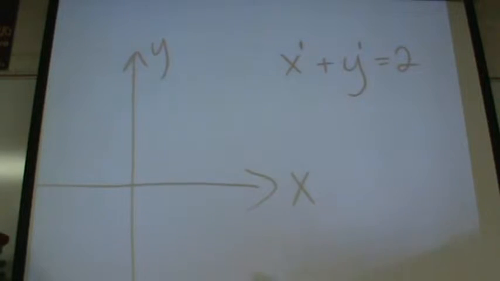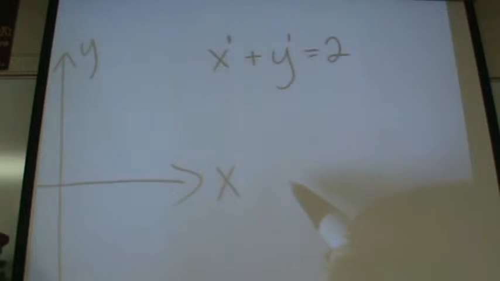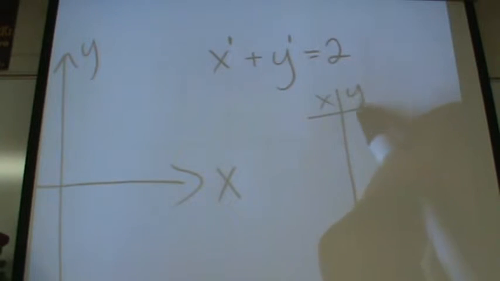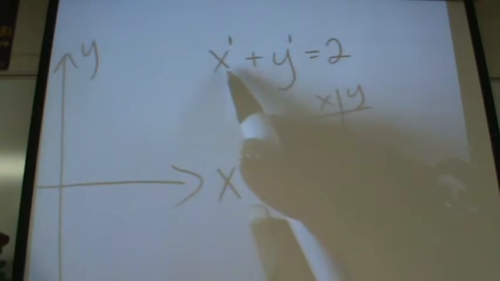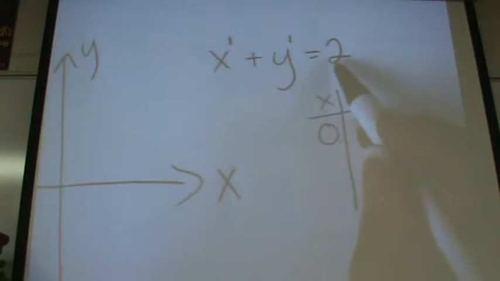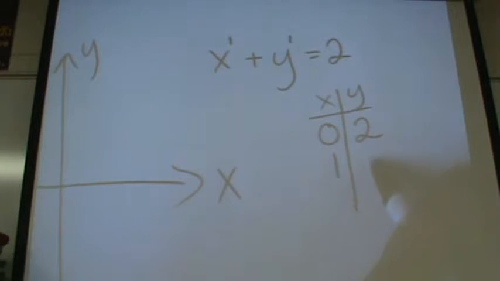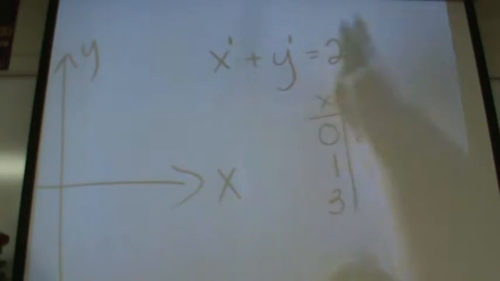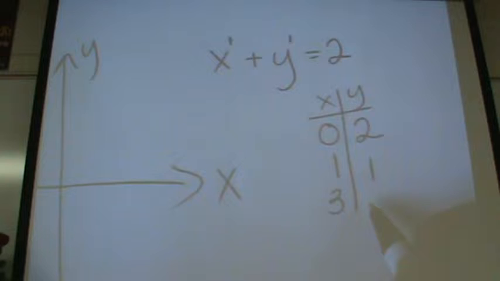So, if you had an equation like x plus y equals 2, you could make a t-chart, and say, okay, what would y have to be if x were 0, so you add them up and get 2? 2. What if I said 1? 1. What if x is 3? What would that have to be?